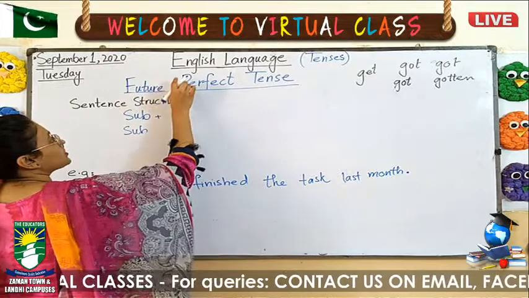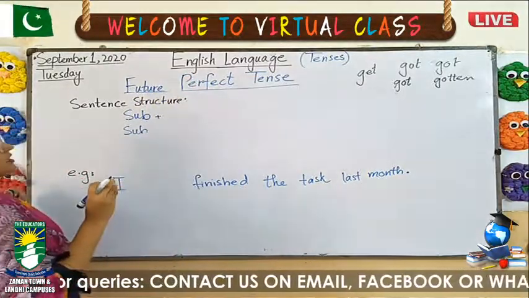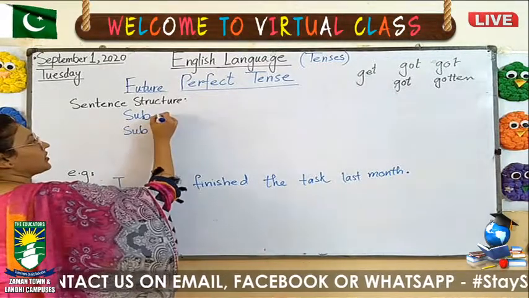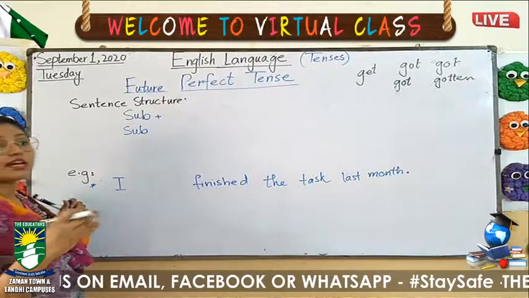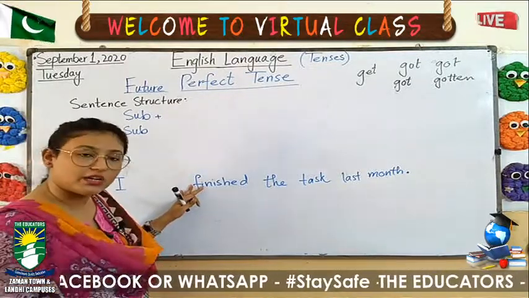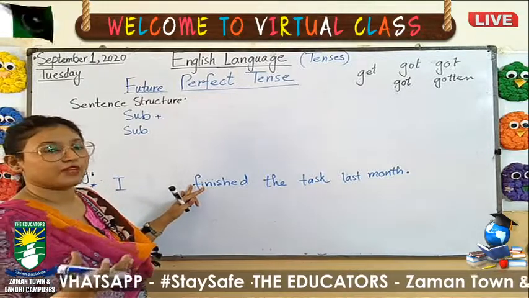Future perfect tense describes the actions which are expected and supposed to happen after an event, or after you complete a planned event. All right.